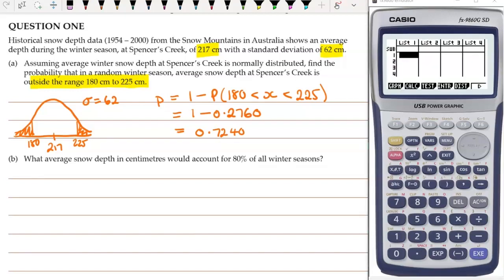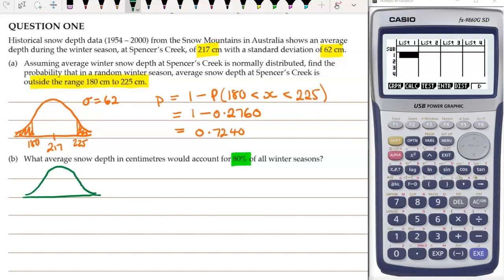Now for part B, we are being given an area and being asked to work backwards to find a value. So we want to know what value would cover, if we set that as the minimum amount, 80% of our winter seasons would hit that target or more. Now, I would prefer this question was a little clearer in which way round that was thinking about it, but we do need to interpret this as being 80% above a certain number.